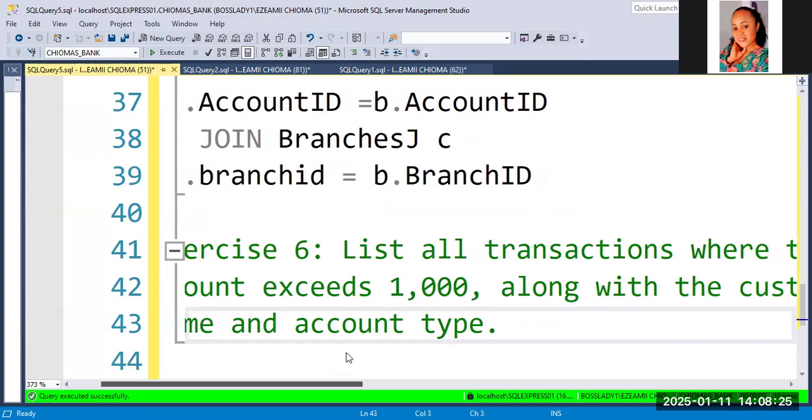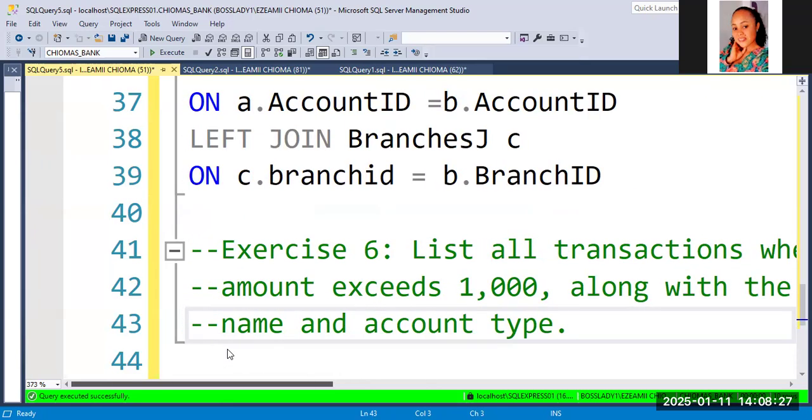So this is telling you we need the transaction table, right? We need the account table because that's where our account type is. And then what other table do we need? We need the customer table, transaction table, and account table. So only where the amount exceeds 1,000, that's what we need.